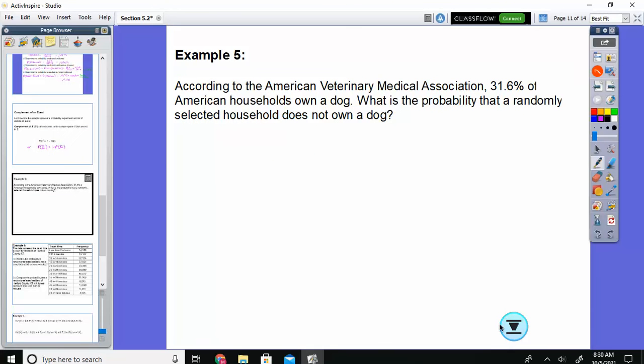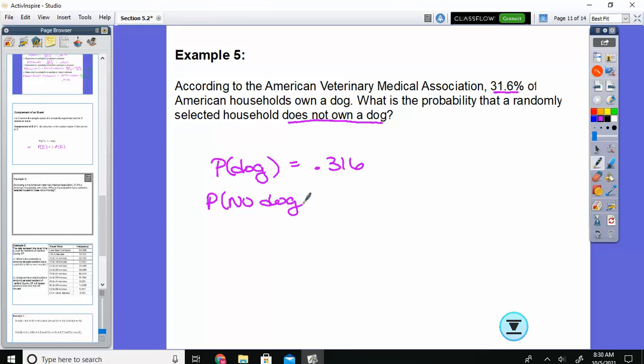Just to wrap it up today. According to the American Veterinary Medical Association, 31.6% of American households own a dog. What's the probability that a household does not own a dog? So what this is saying, the probability that you have a dog is 0.316. So the probability of no dog would be what?